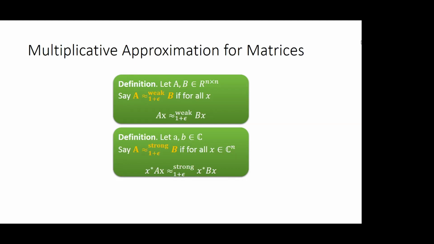So that says that if x is real valued, then this statement is equivalent to saying that the symmetrizations, obtained by taking the average of the matrix with its transpose, approximate each other. You can't do that if x is complex valued, and it's a good thing that you can't, because if you could, it would reduce down to a much weaker statement, which would probably not be usable to do things.